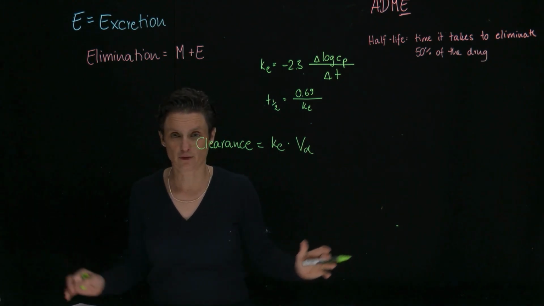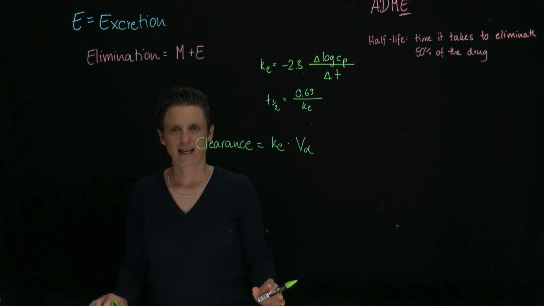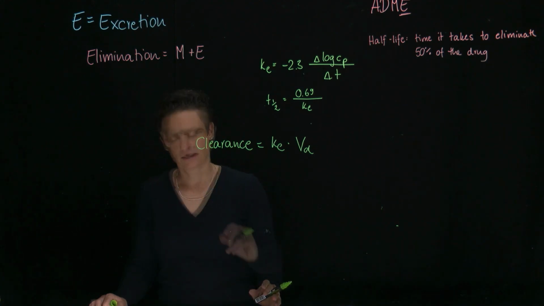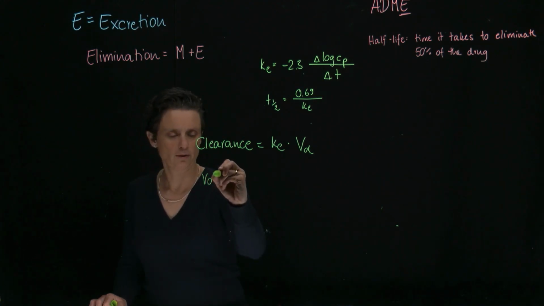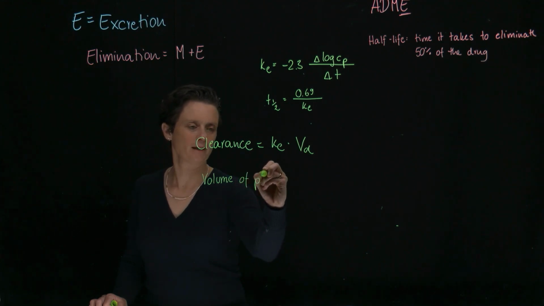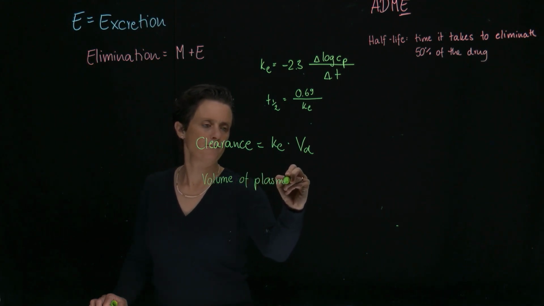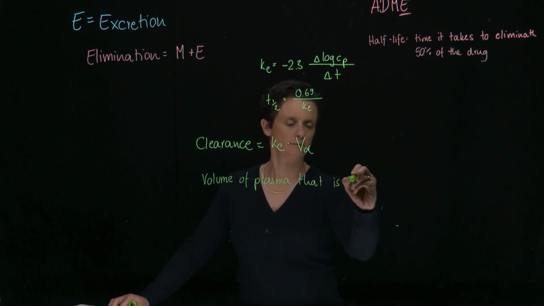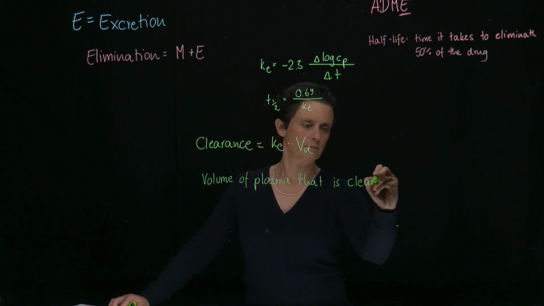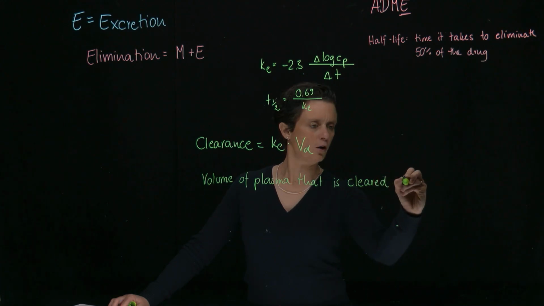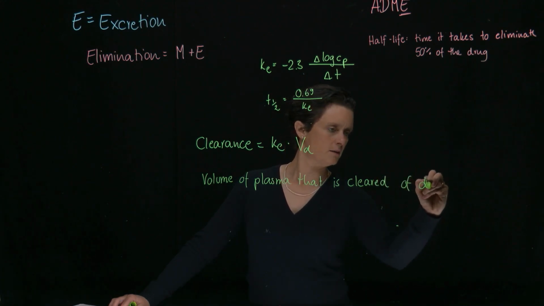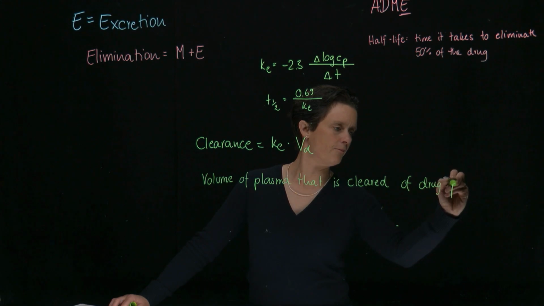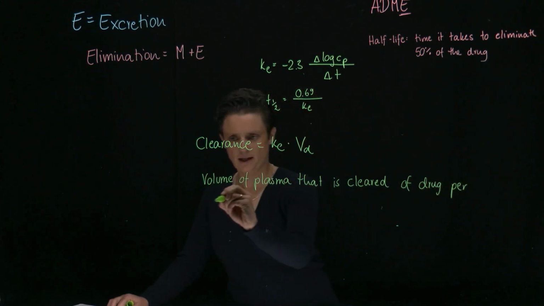Where does it come from? Where do we find it? And that defines clearance. So clearance is the volume of plasma that is cleared of drug per unit time.